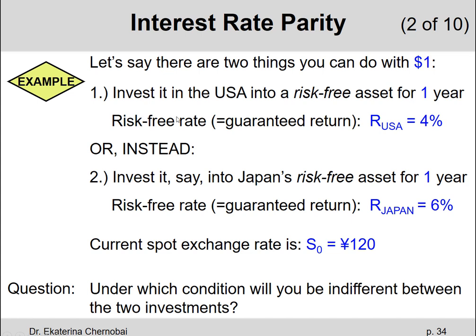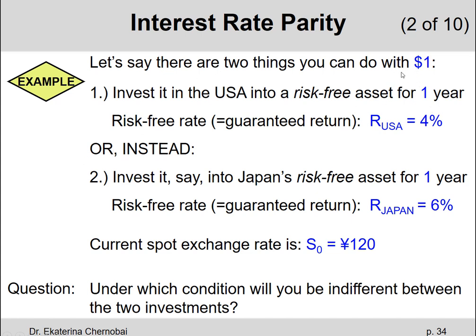So let's say the risk-free rate on such short-term government bond in the United States is 4%. So the notation we use for the risk-free rate in the United States is capital R subscript USA, and that's 4%. That's one thing you can do to get your guaranteed 4% return on your $1.